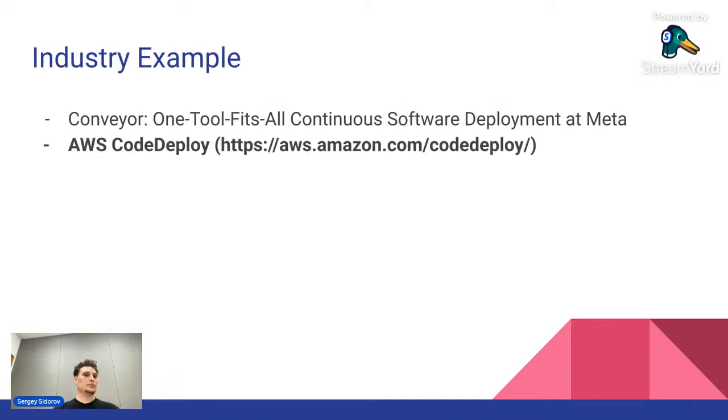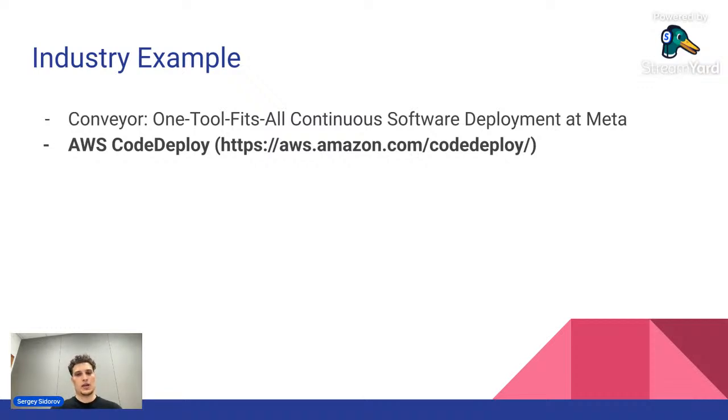It is not only available for corporations. It doesn't mean that if you are in a different kind of company, we cannot benefit from using techniques and tools like Conveyor. For example, AWS, a very popular cloud provider, provides somewhat similar tooling for canaries, for deployments: CodeDeploy.